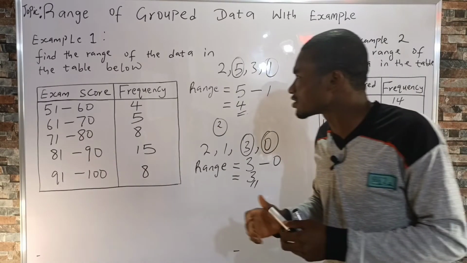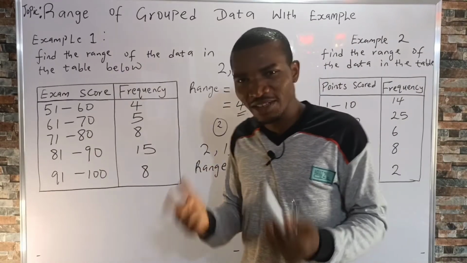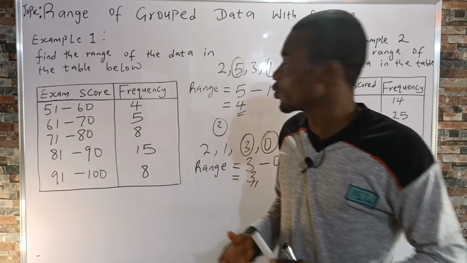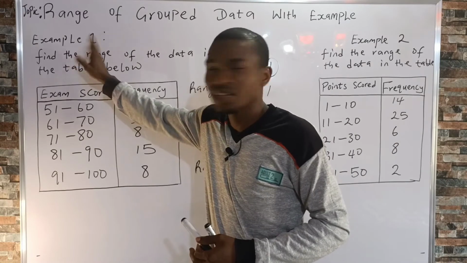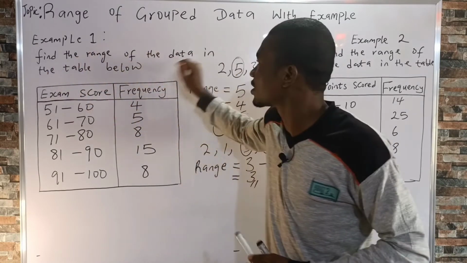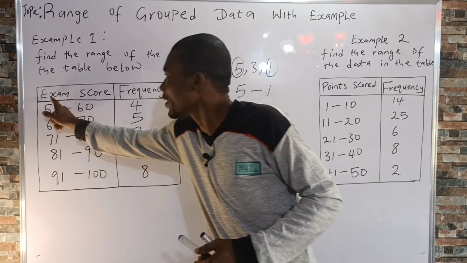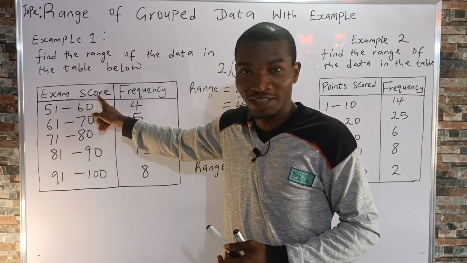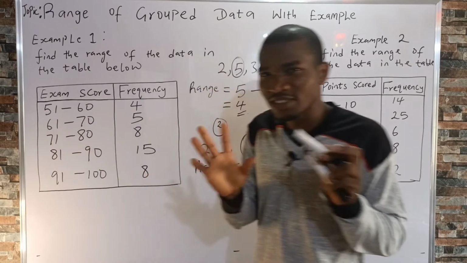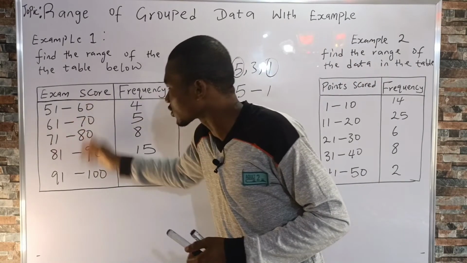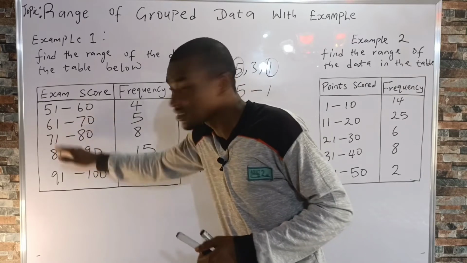But assuming that we want to find the range of a grouped set of data, let's go into it anyway. We have example 1 here that says find the range of the data in the table below. So the first column is about your exam scores. And these exam scores, you cannot easily fathom or predict the individual scores here because they are in interval.